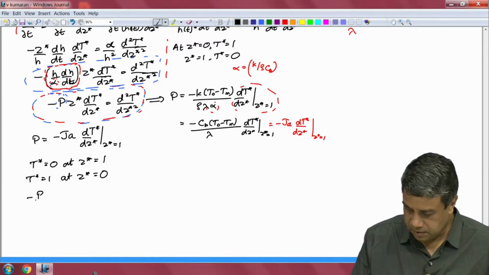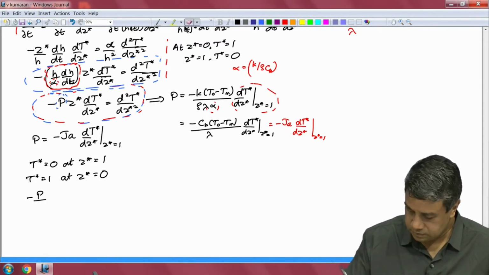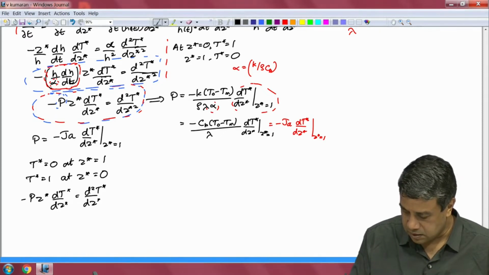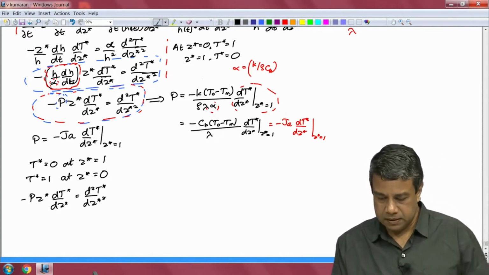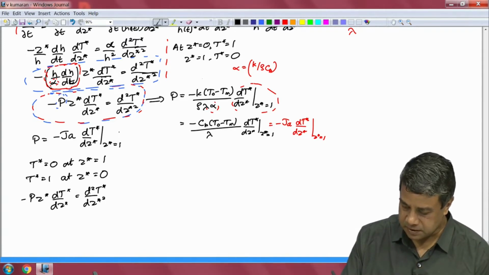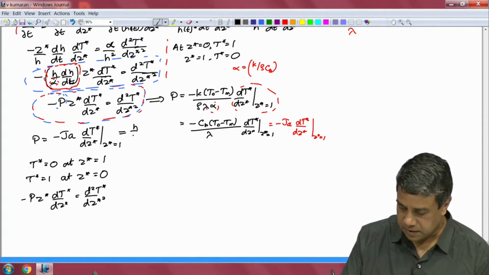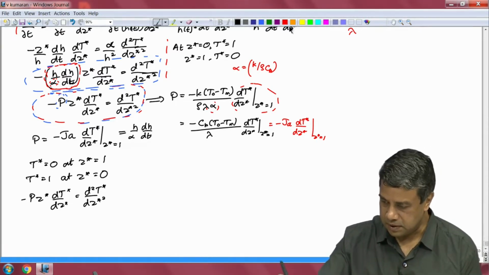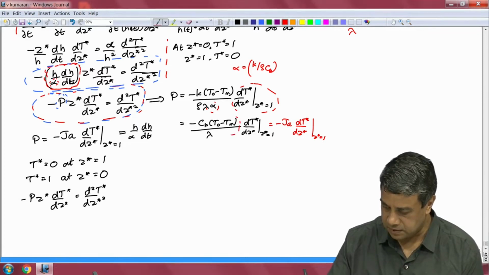So, the equation is minus p by 2 z star dT by dz star equal to d square T by dz star square, where p is given by this expression. This is also equal to h by alpha dh by dt, with the Jakob number J A, where J A is given by this expression.